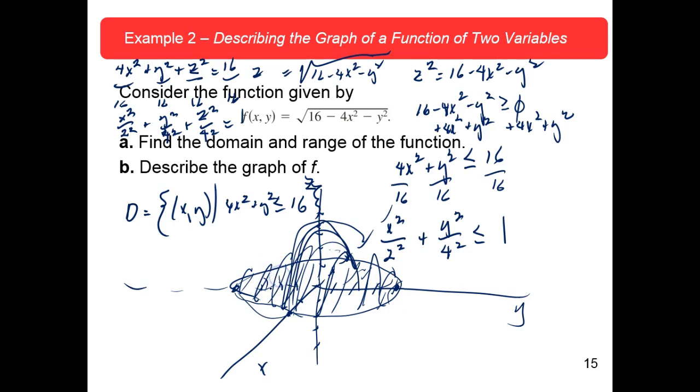So that's ugly, okay, but that's what it is. That is half of an ellipsoid. Can't be the bottom half because this is f of x, y, and z is always positive. So it's the top half. So you can almost picture it as a weird kind of Quonset hut. It gets really narrow at both ends, you know.